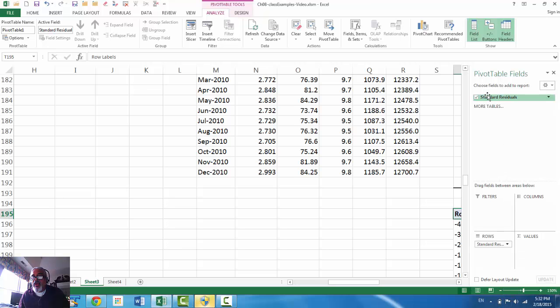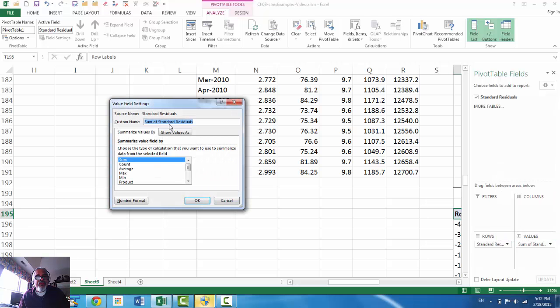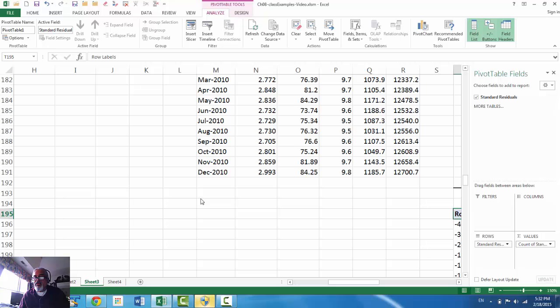Again, we have to put standardized residuals in the values area too, but we need to change that from sum to count, since we want how many standardized residuals fall in each group. So now we have count.